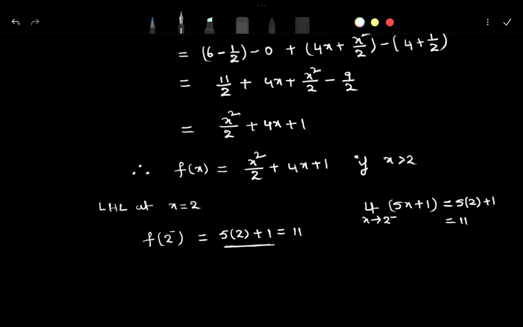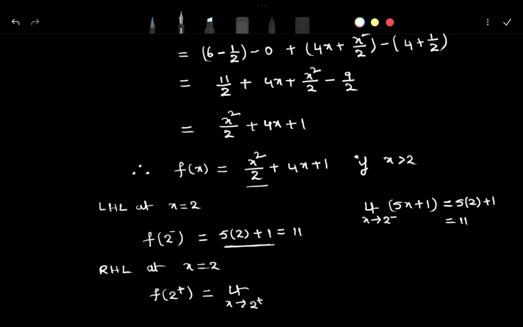So now the next one is the right hand limit at x equals 2. So now f of 2 plus, when x is greater than 2, that value will be limit x tending to 2 plus of f of x when x is greater than 2.